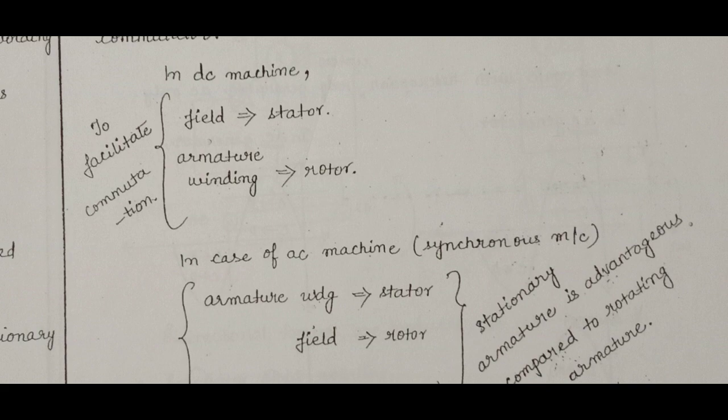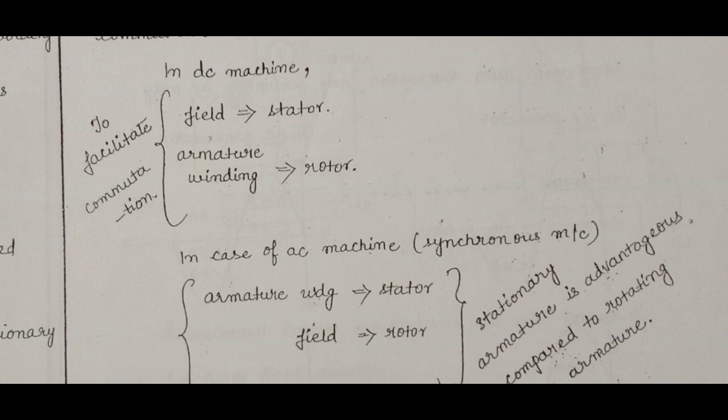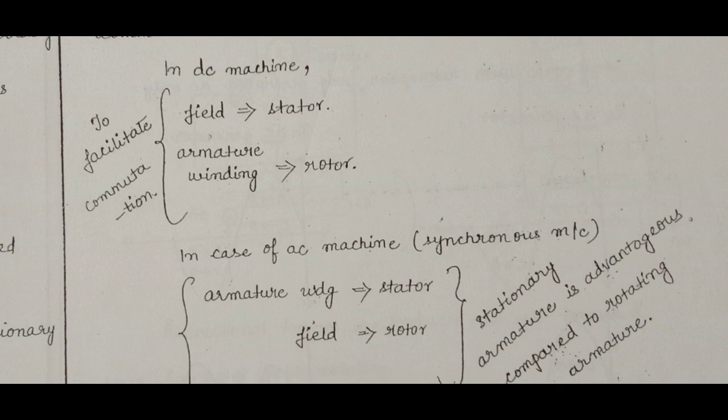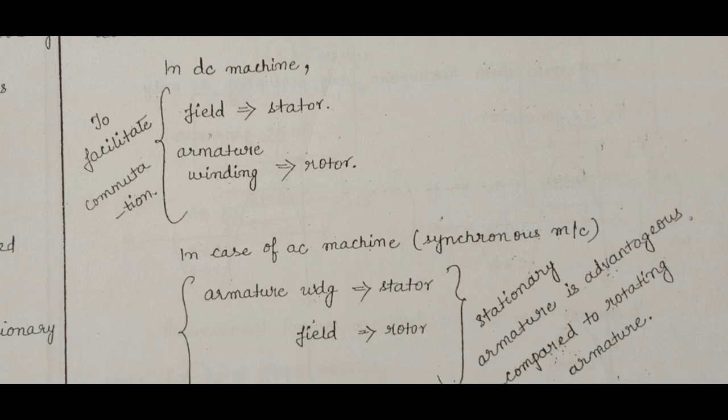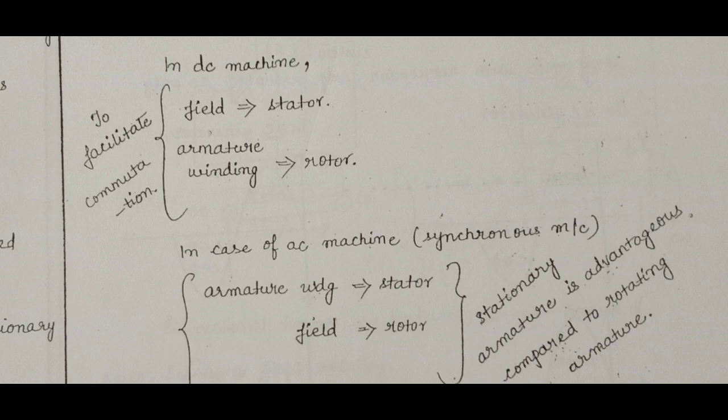EMF will be generated in the armature winding. The generated EMF is AC, so that AC is converted into DC by the commutator. So the main aim of the armature winding on the rotor is to satisfy the commutation.